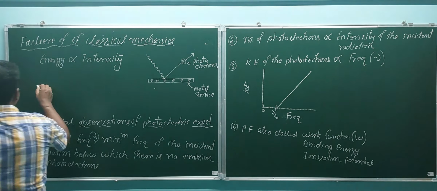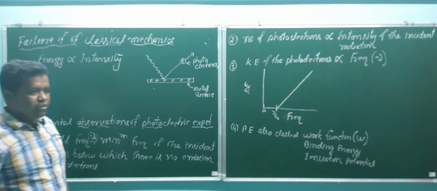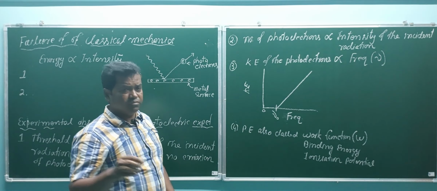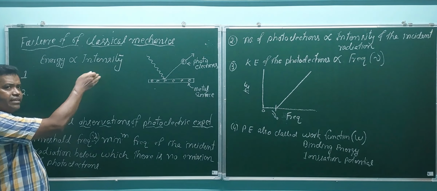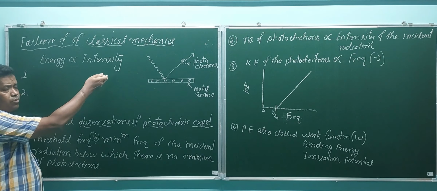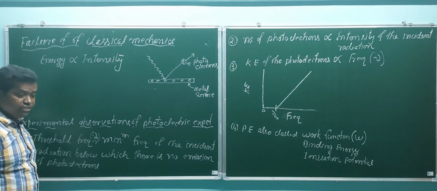Again, number two. Suppose the energy of radiation is directly proportional to intensity. This is the classical electromagnetic theory of radiation.